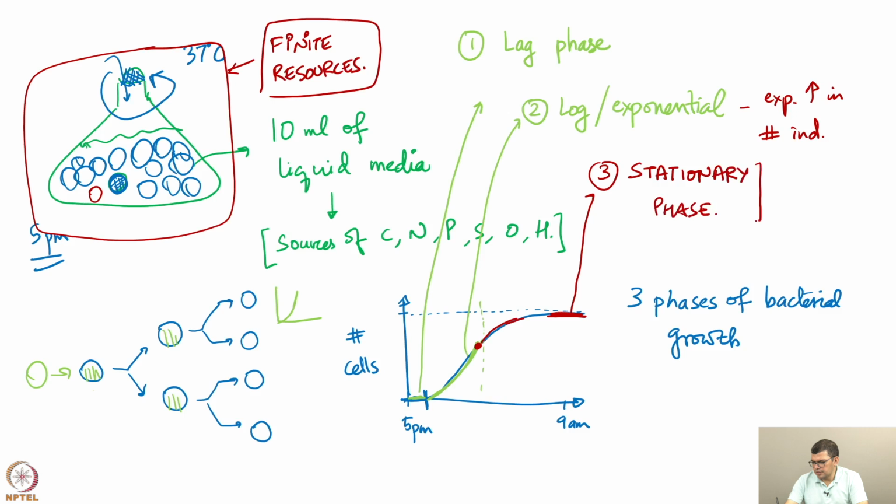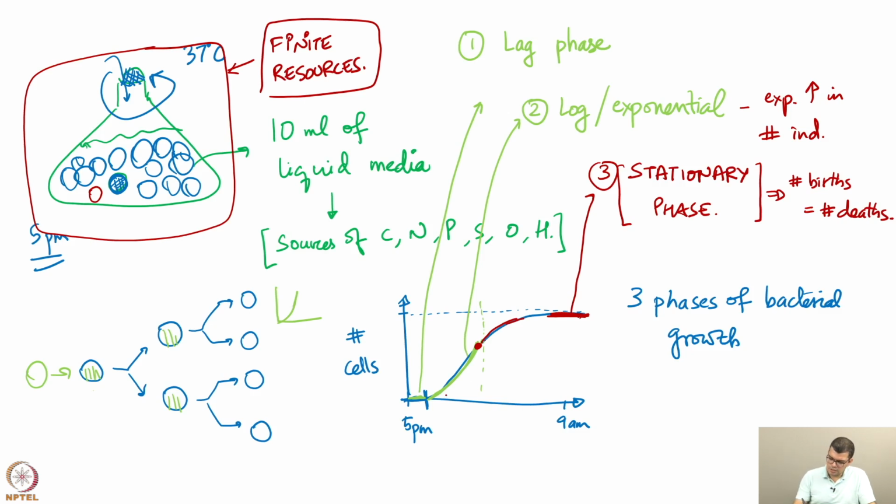And stationary phase is something that is a bit of an enigma. It's not as if the overall number remains constant, but this is because the number of births that are taking place are matched by the number of deaths that are taking place in the culture media. And as a result, this number stays constant, but there are really no real nutrients left in the flask anymore.